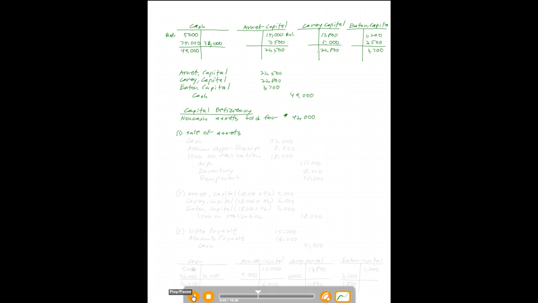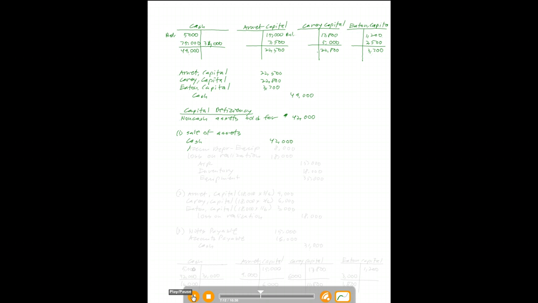Okay, so in this case, we're going to have a capital deficiency. And this is going to be because the non-cash assets are going to be sold for 42,000. So this is the same problem as before, the same facts, except instead of selling them for 75,000, we sell them for 42,000. So we will debit cash for 42,000.